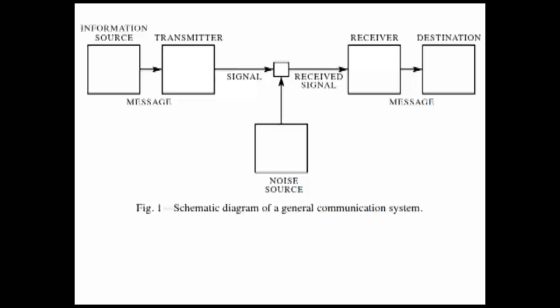The little box is the channel, and then he makes it clear that the channel is in fact affected not just by the signal that goes in, but by various noise sources. So, in fact, you don't find a diagram like this before in the communications literature. As I always say, it's very easy to do something new, it's very easy to do something simple, but it's very hard to do something that is both simple and new at the same time.